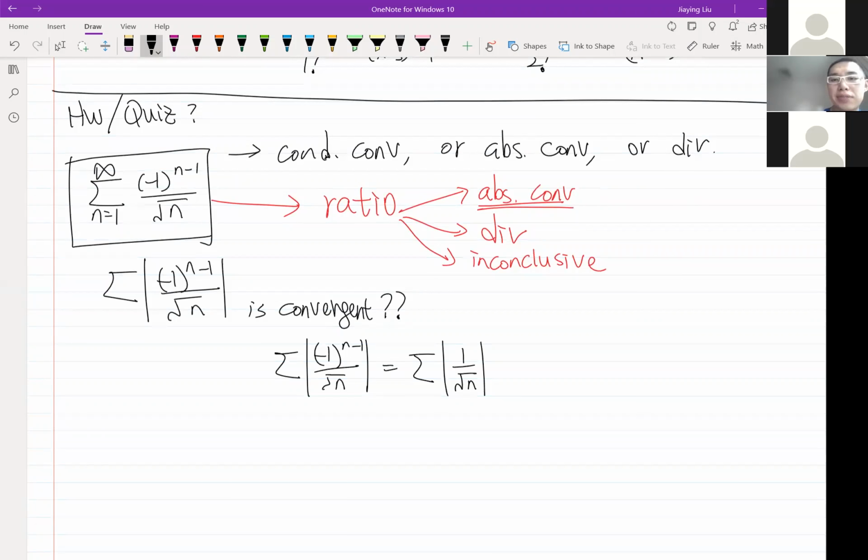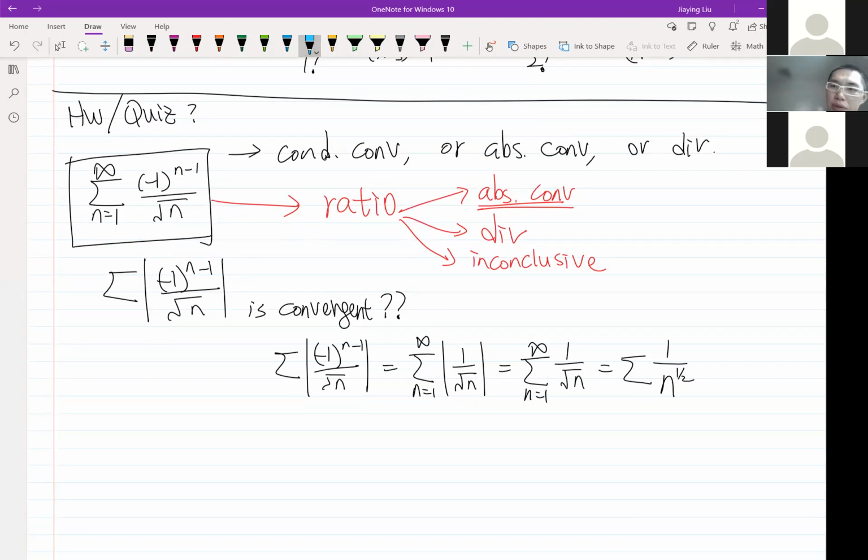And the 1 is positive, square root of n is positive or 0. In this case, n from 1 to infinity, so square root of n is always positive. So we can just drop the absolute value. So that becomes sigma n from 1 to infinity, 1 over square root of n. And that you can write as sigma 1 over n to the 1/2.